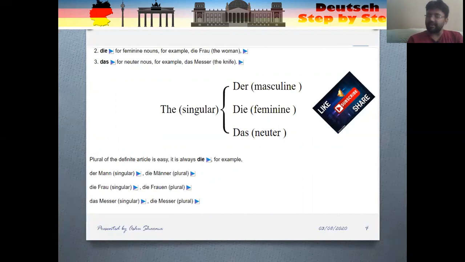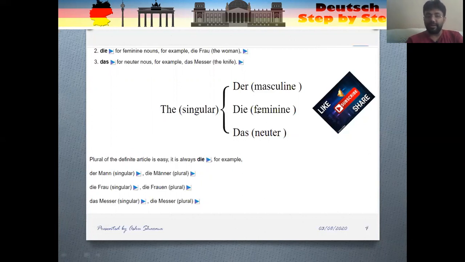Plural of the definite article is easy, and it is always die, for example. So you have to just replace der, die, das with die once you make it plural. So der Mann, die Männer, die Frau, die Frauen, das Messer, die Messer.